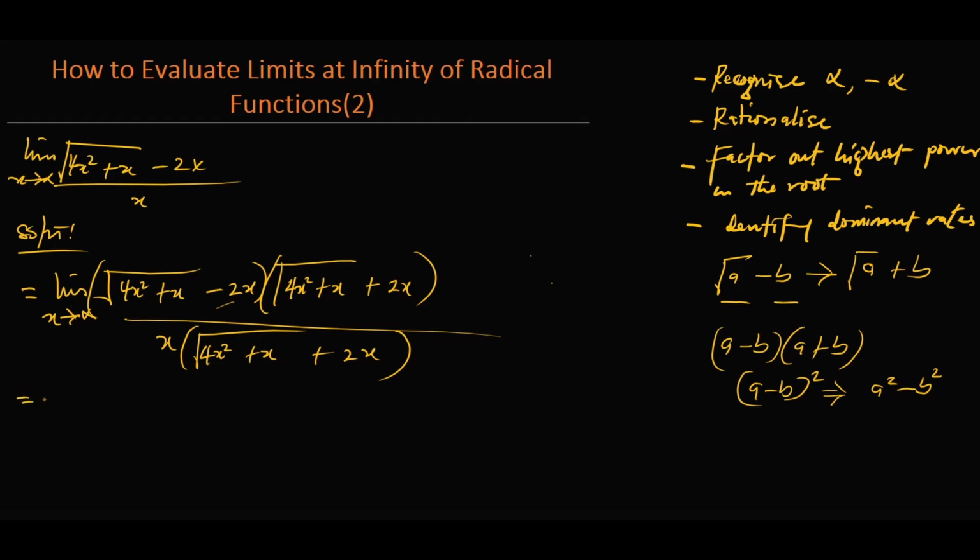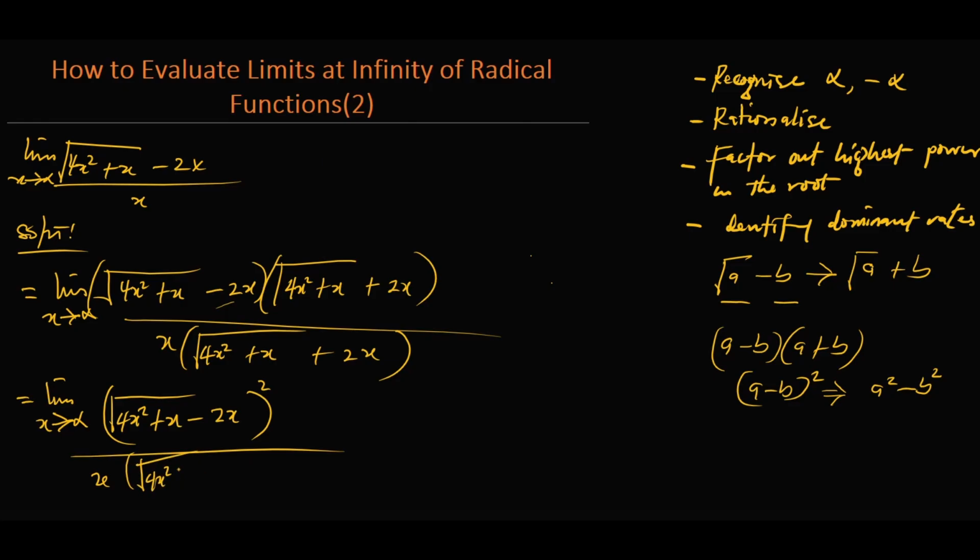So we are going to have the limit as x approaches infinity of root 4x squared plus x minus 2x, all squared, all over x multiplied by root 4x squared plus x plus 2x.